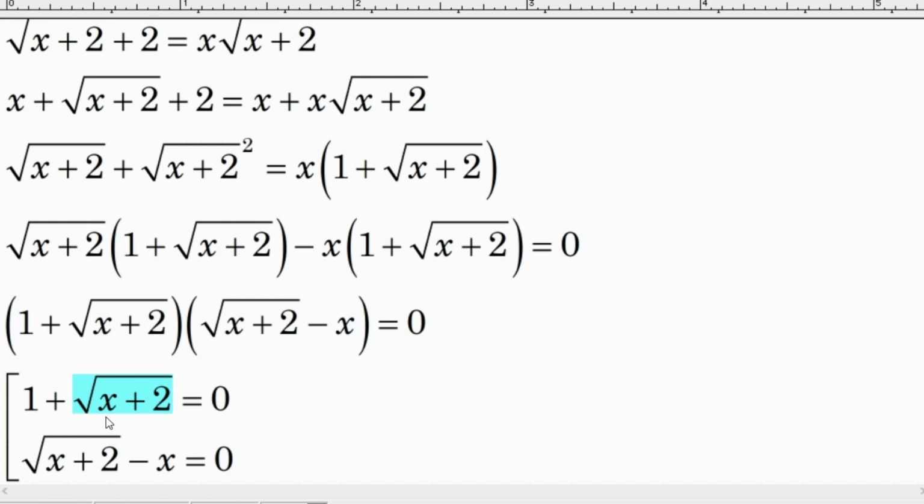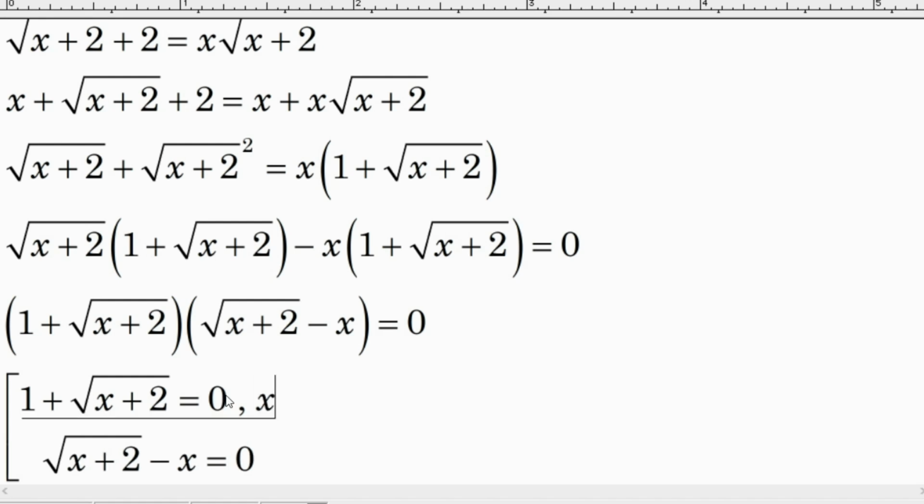That means this equation has no root in real numbers, so we don't have to solve it. We reject this one, and x does not belong to the real numbers here.